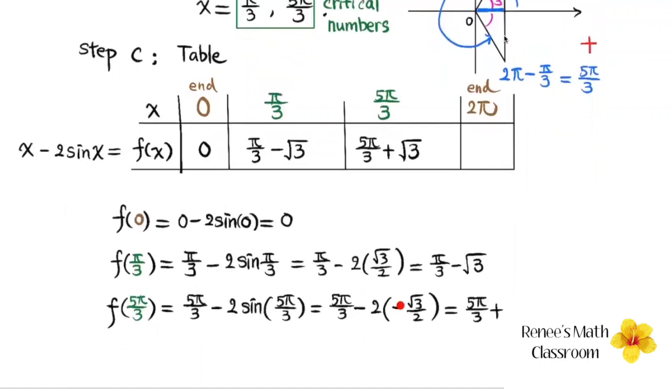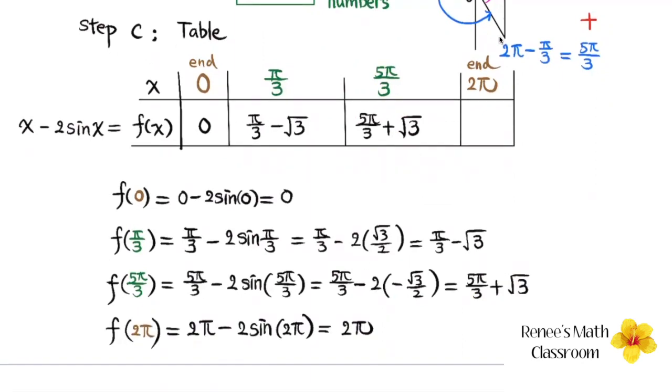Negative times negative is positive, so simplifying, we get 5 pi over 3 plus root 3, and we enter this into this table. We also have f of 2 pi is 2 pi minus 2 times sine of 2 pi. Sine of 2 pi is equal to 0, so the result here will be 2 pi. And we're going to enter this into the table.